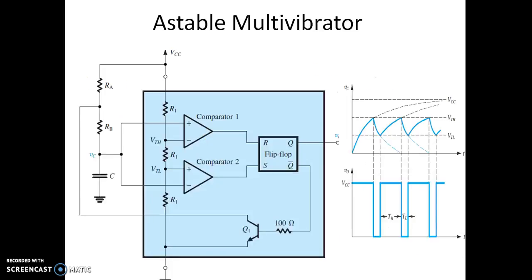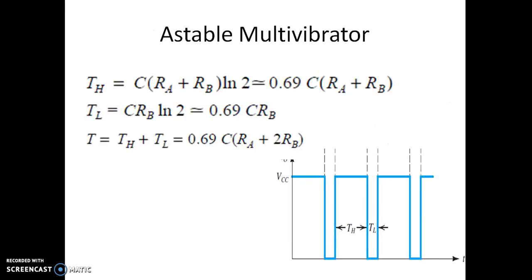So using this basic circuit, it is impossible to get a duty cycle less than 50%. We need to modify this circuit so that we can get a duty cycle less than 50% also. But using this circuit, we can get any duty cycle which is more than 50%.